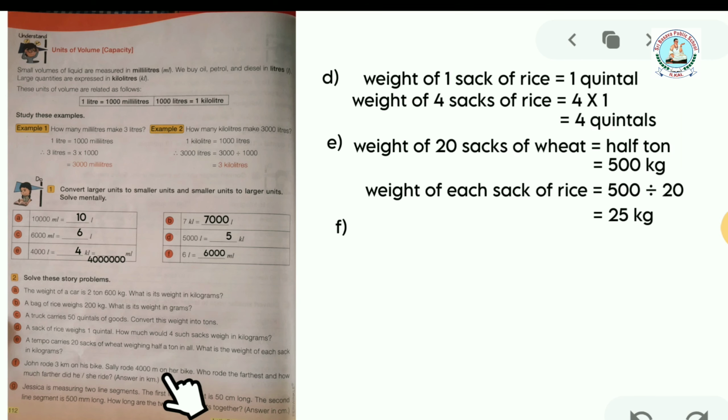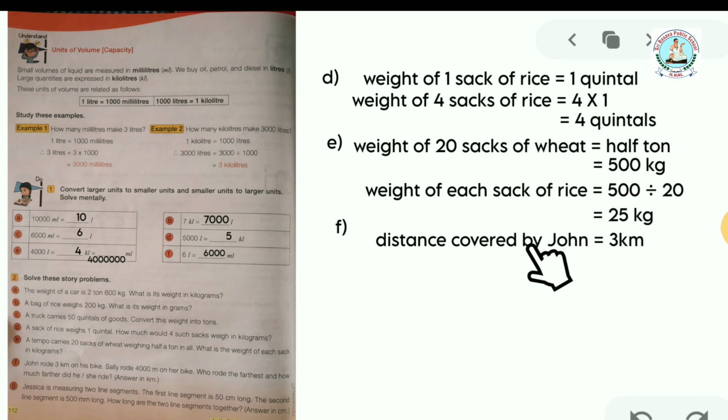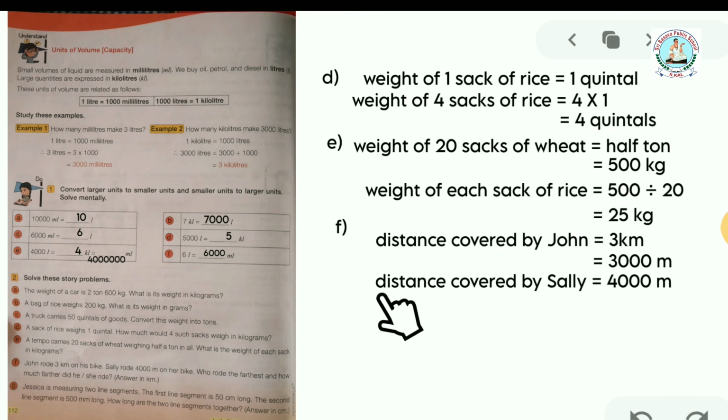By this data we have to decide who rode farthest, meaning who covered the longer distance, and by how much. For this we write the first sentence as distance covered by John, that is 3 km, and 3 km means 3000 meter, and distance covered by Sally would be 4000 meter.